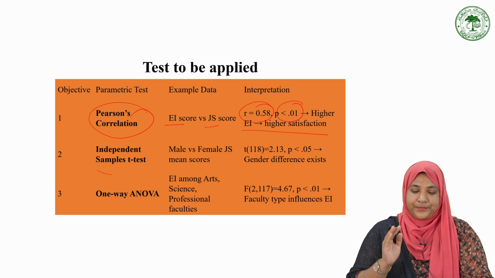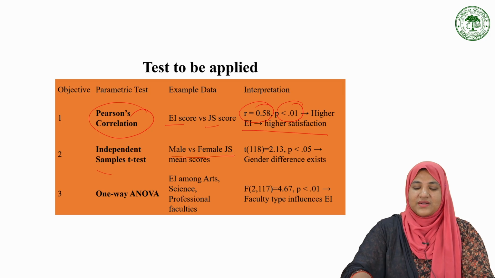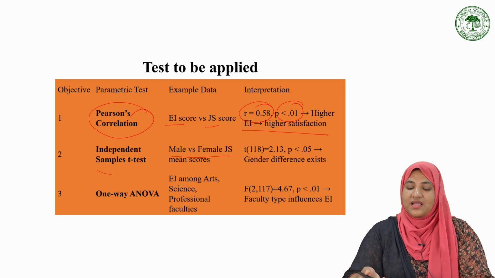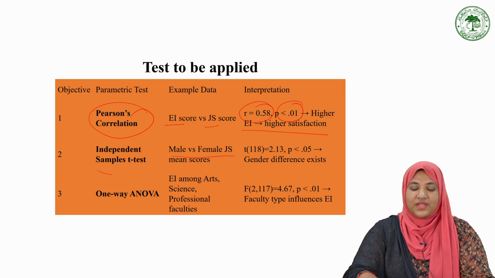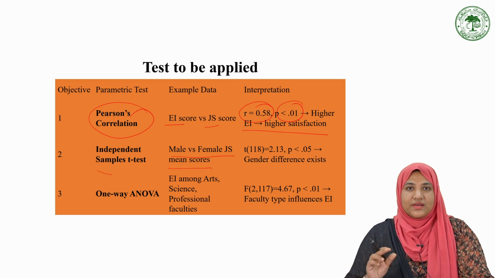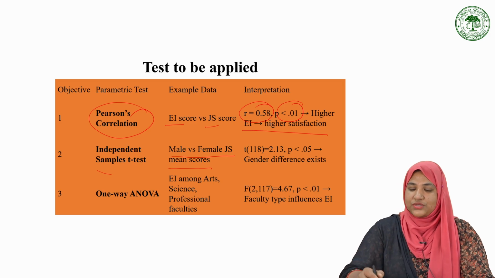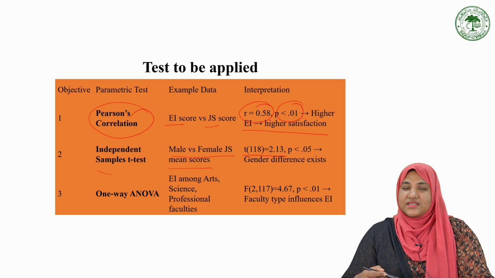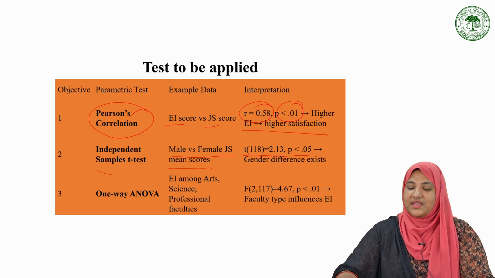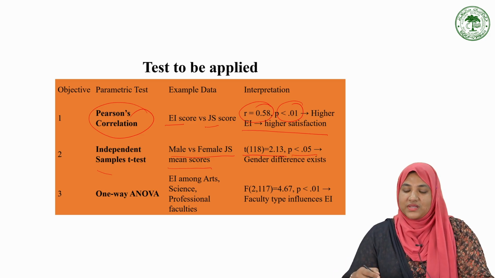Justification should be clear. In the male versus the female job satisfaction, we are taking the mean scores, because we are doing mean difference analysis, which is another term for the t-test. We are actually checking whether there is a significant difference between the mean scores. So here the t value that has been obtained is 2.13 and the significance level is less than 0.05.